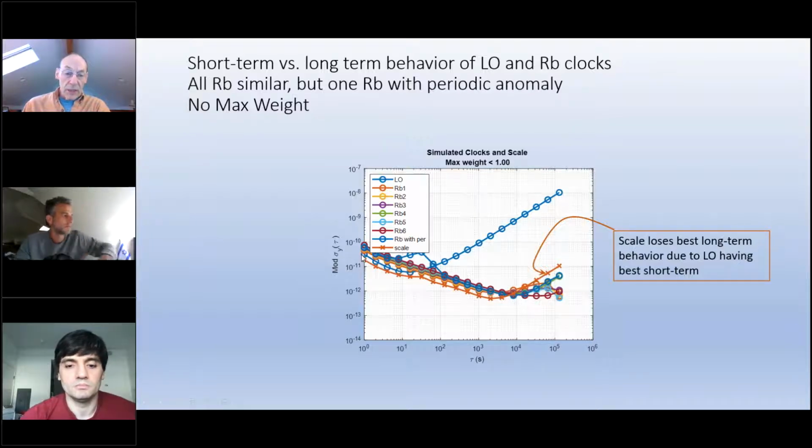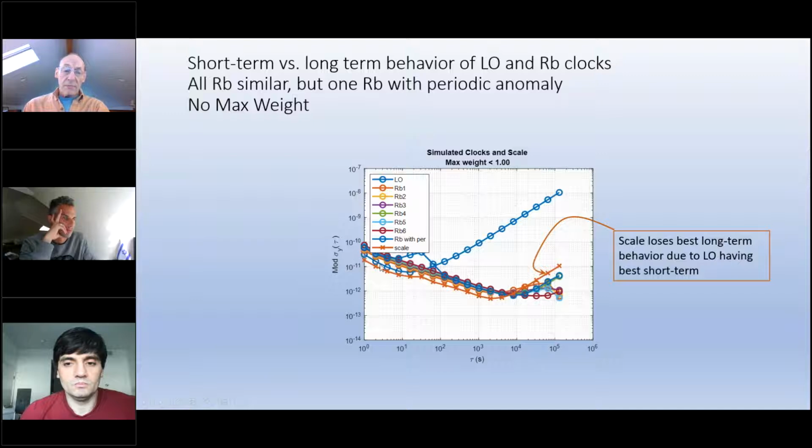In short term, it's dropping down as white frequency noise or flicker noise, where it flattens, and eventually it starts coming up with a random walk. And in the long term, there's this aging term, which makes it go up as tau to the +1 here. So the best clock in short term is this quartz oscillator. It's very good in short term. In long term, it's not so good.